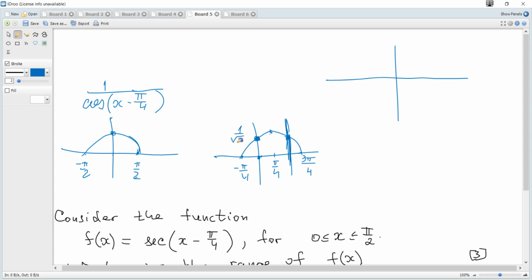Due to symmetry it's also 1 over root 2 at π/2: π/2 minus π/4 is π/4, and it's absolutely the same. Hence 1 over cosine, or the required secant, at 0 is 1 over 1 over root 2, which is root 2.